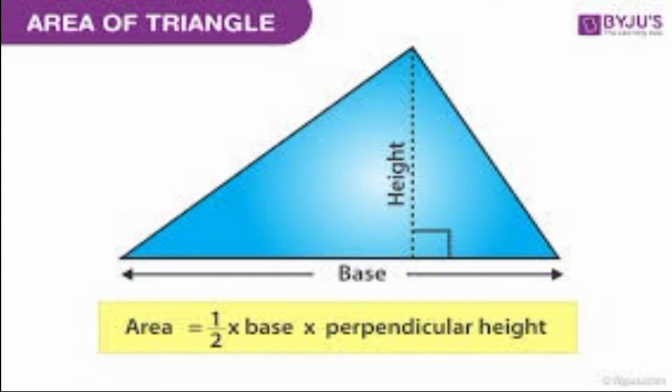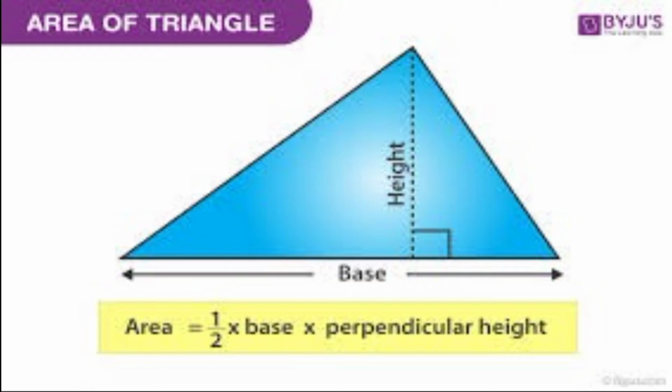According to the formula, area is equal to half into base into perpendicular height. There is always a base and height in a triangle. If you didn't understand what is base and height, then see the image, you will totally understand it.